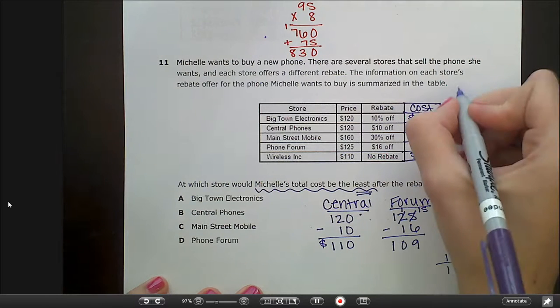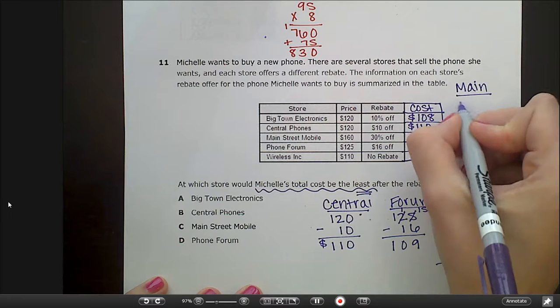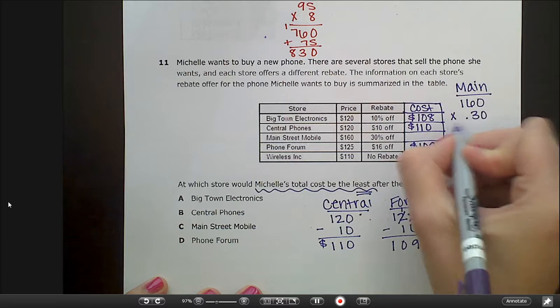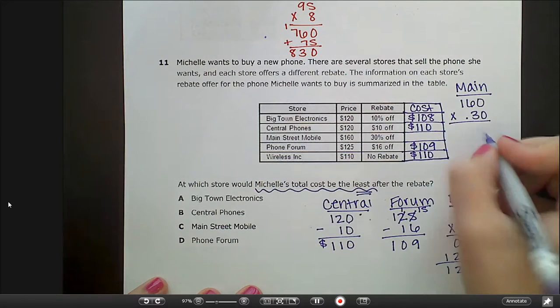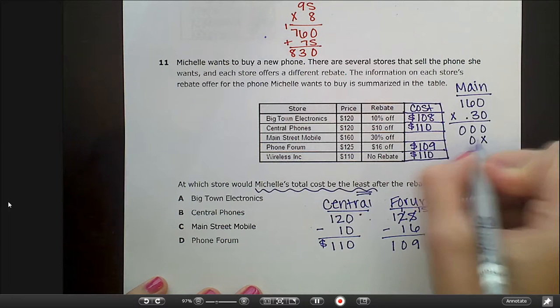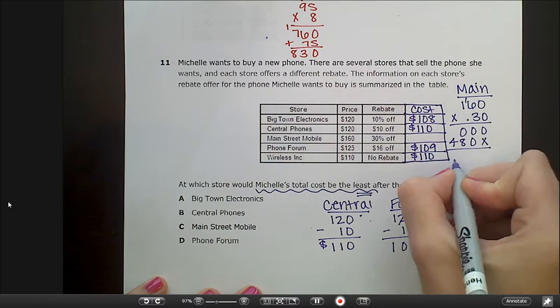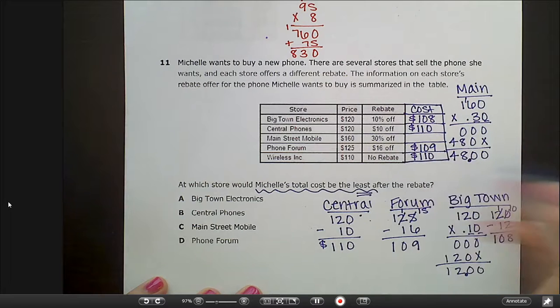And then Main Street is going to give us 30% off of $160. So 30% is 0.30. I need 2 digits behind the decimal in my answer.